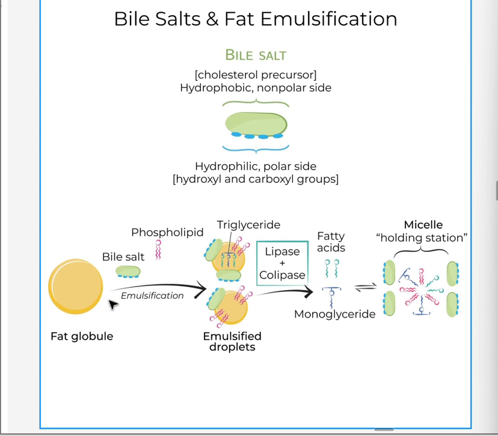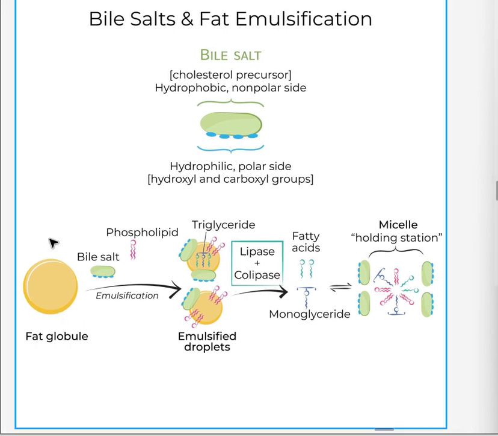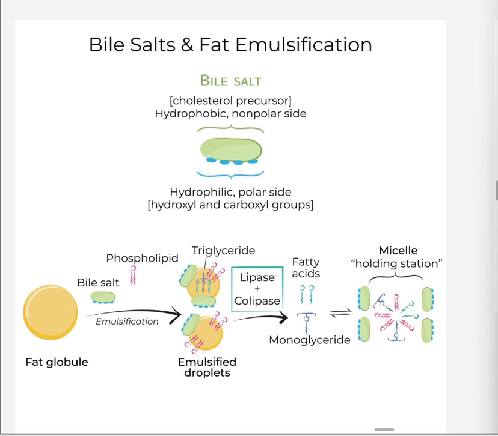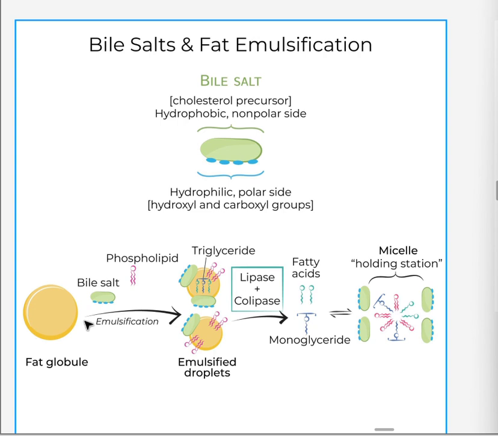The hydrophobic side loves the fat and the hydrophilic side loves the water. So the hydrophobic side surrounds the fat and helps break down these large globules into tiny droplets. This prevents reaggregation of the fats, so they can't clump together. And this is called emulsification.